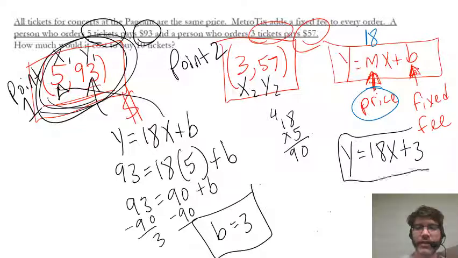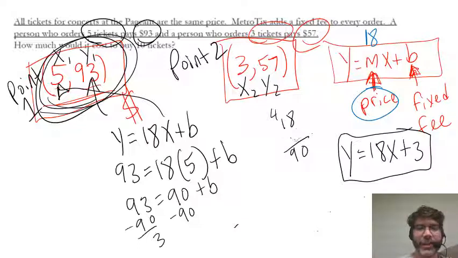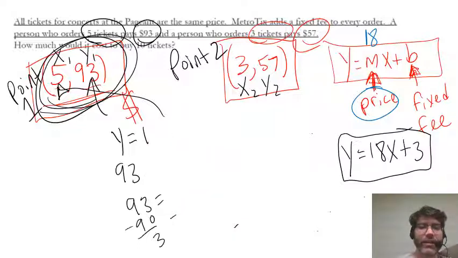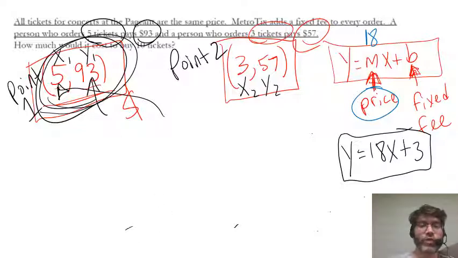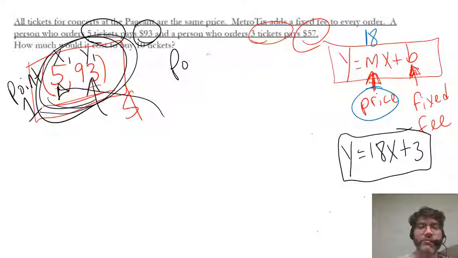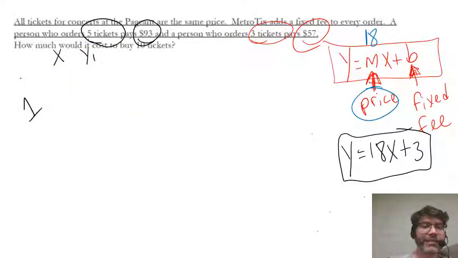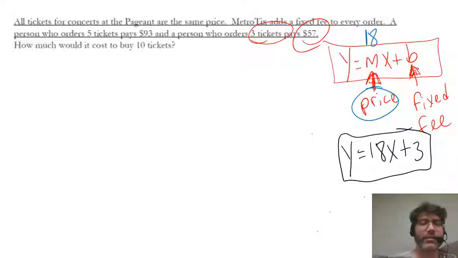Okay, the cool thing about having an equation now is that I can use it to find out what the cost will be of however many tickets I want to buy. So if I wanted to buy 10 tickets, for instance, I could plug that into the equation. 10 tickets is our x, okay, because we're deciding to buy 10 tickets.